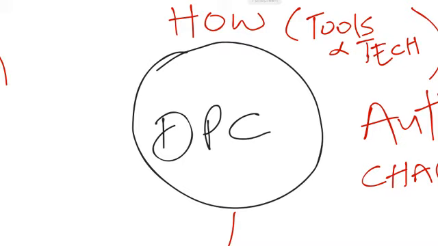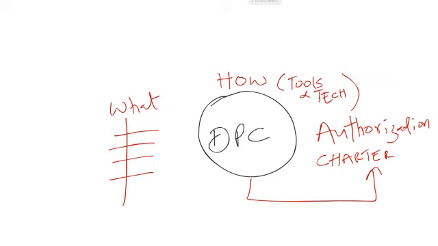Part of your what is going to be all of those inputs to the process. I mean, this is basic, this is simple, it's not rocket science, but it's something that will help you better understand the big picture of things.